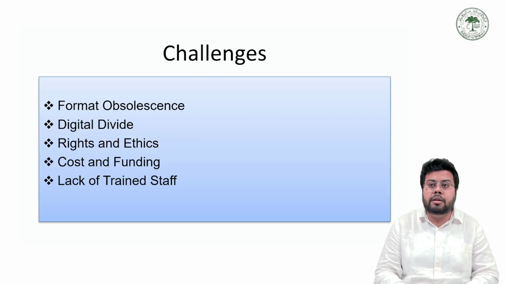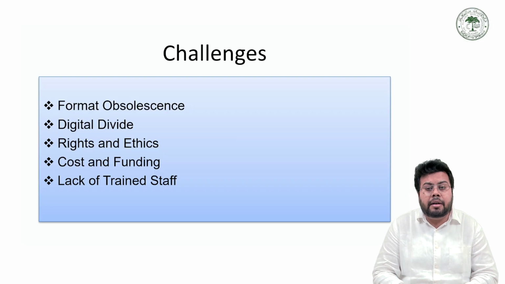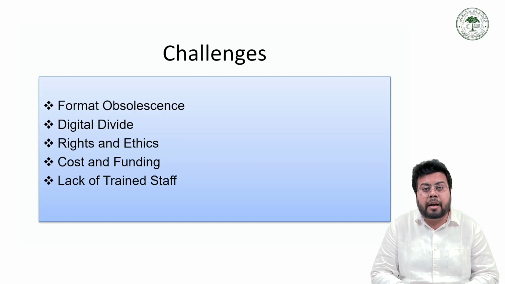So either you need good government funding, only then you will be able to archive certain data. Maintaining those servers is not everyone's cup of tea. So there you need the funding, right? So cost and funding becomes a challenge in order to archive something digitally.